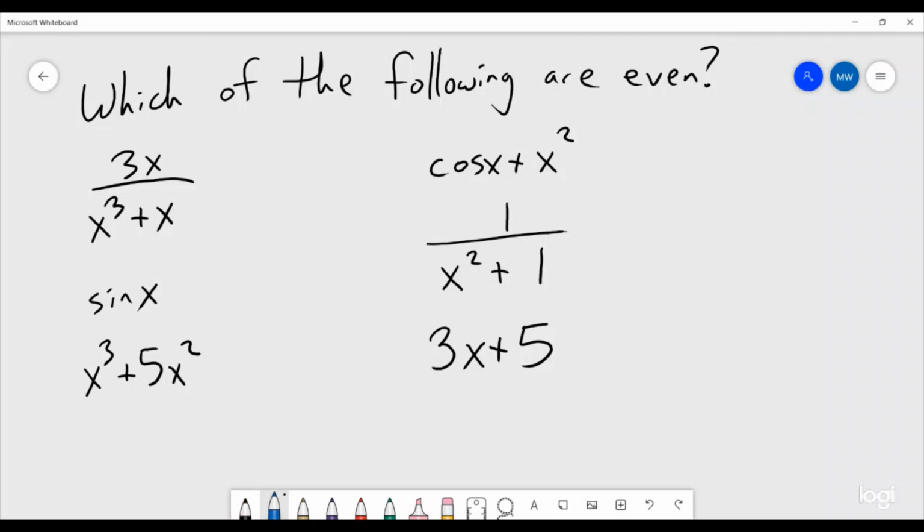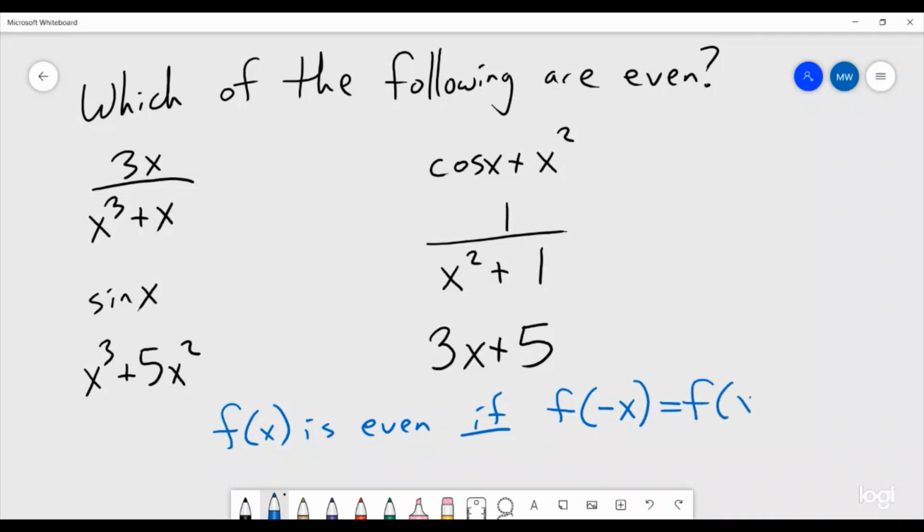So remember, a function is even if f of negative x is the same thing as f of positive x. So it's even if putting in either positive x or negative x doesn't change the function. So let's go through and try it with each of these to see how many are going to be even.